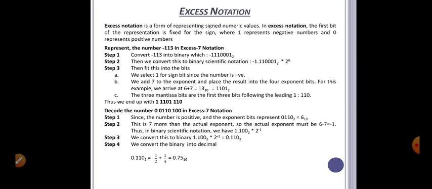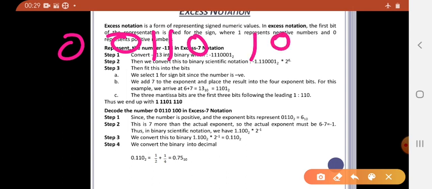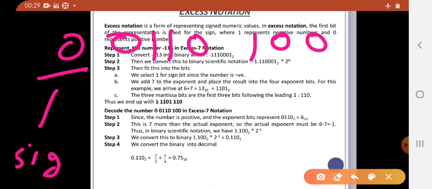Step 1, what does it say? Since the number is positive and the exponent bits represent 0 1 1 0. As I told you before also, if a number is given 0 0 1 1 0 1 0 0, this is my sign bit, and here it is positive.